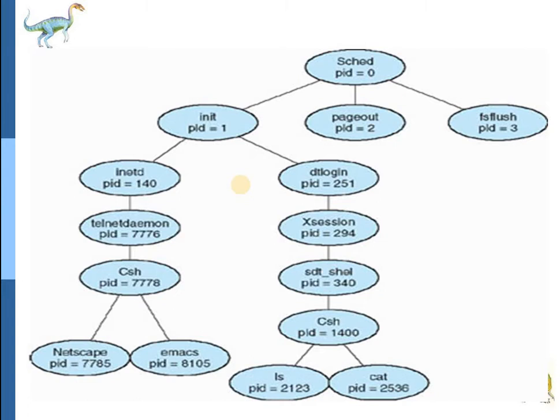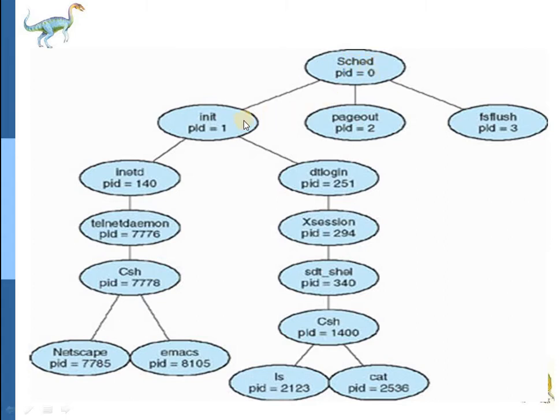This example of the Solaris operating system shows process creation in a typical Solaris system. SCHED is the parent process with process ID 0, which creates the child processes init, page out and fs flush.